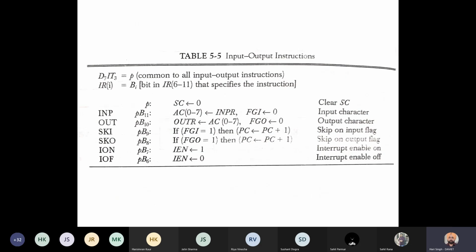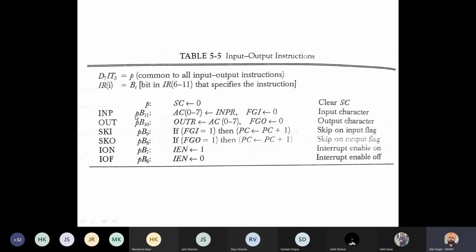Then there are instructions related to input-output devices. For this, the condition is that D7 should be 1, I should be 1, and T3 should be 1. This combination is represented with P, and it is common to all these instructions. They include getting input from an external device, giving output to an external device, skip on input flag and output flag, and instructions related to interrupt.